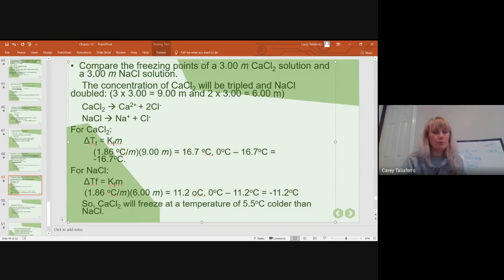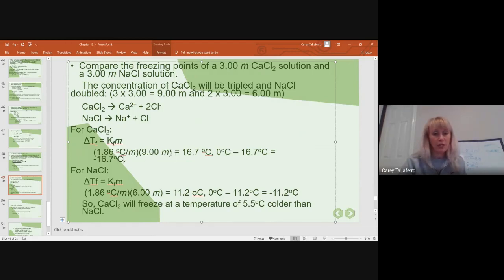All right, so my change in temperature for CaCl2 is I'm going to go back up to my triple molality and then multiply it by 1.86, which is my constant, my freezing point constant, excuse me, for water.